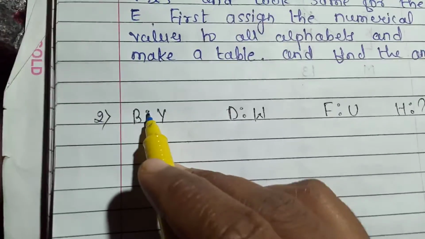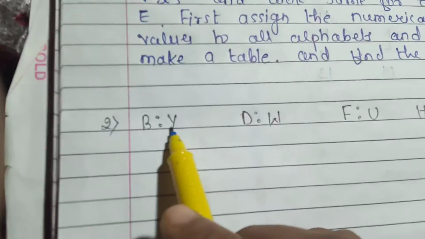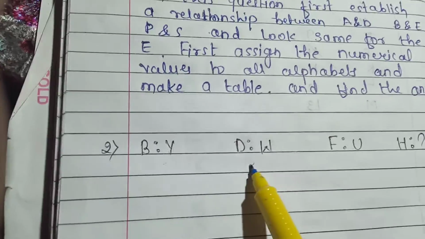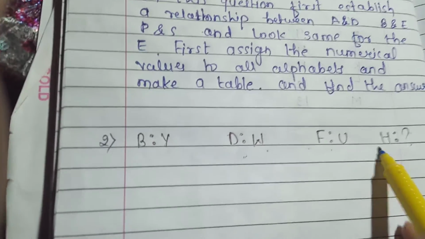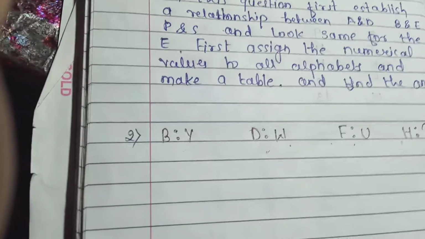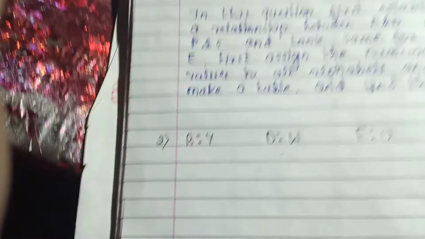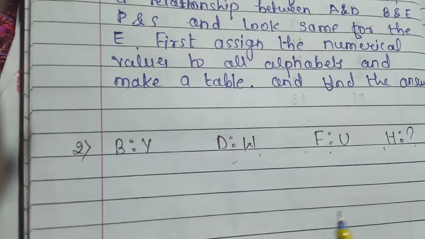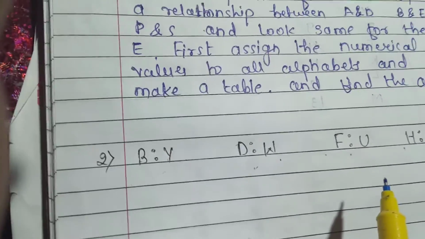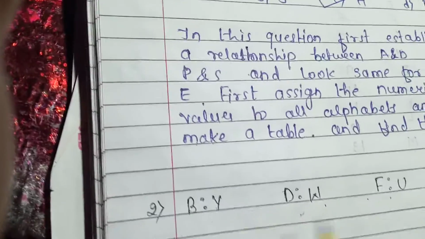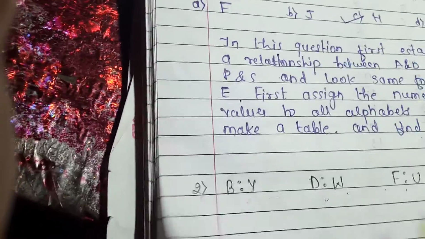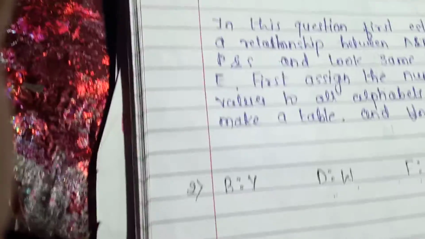Here is the relation between the given B, Y, D, W, F, U. Then we have to find H. Okay. So to solve this, just make the alphabets in parts. We have to make two parts here. I'll show you here.